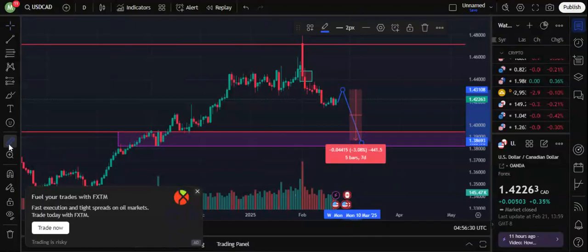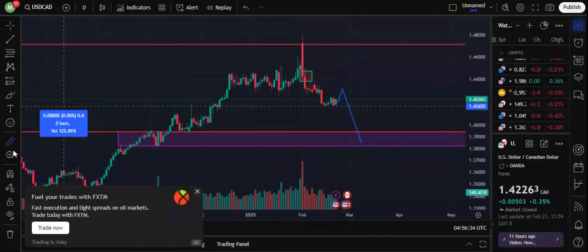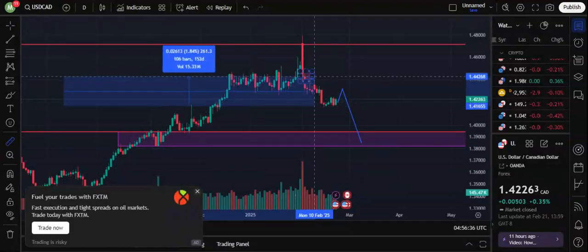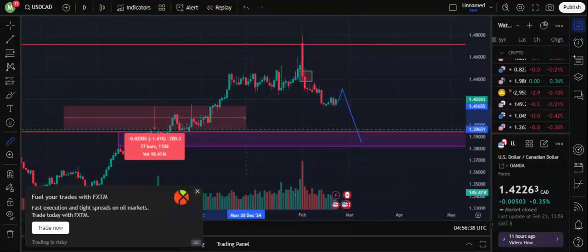Let's see our pip risk. Let's see how many pips we've got to risk.